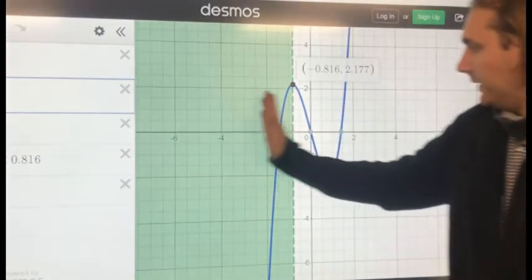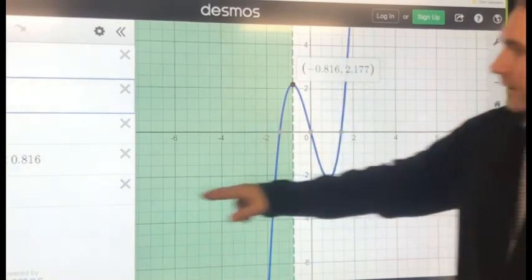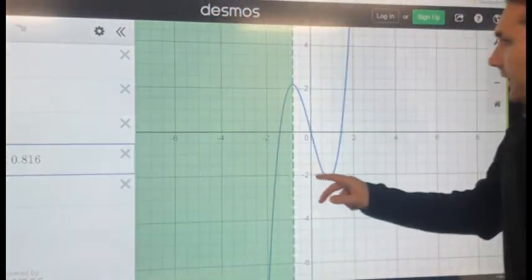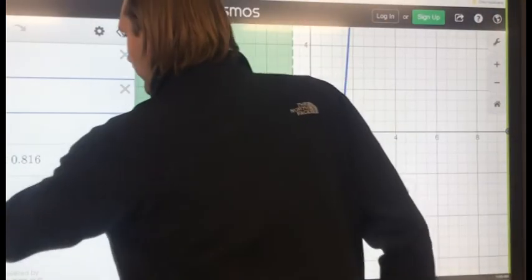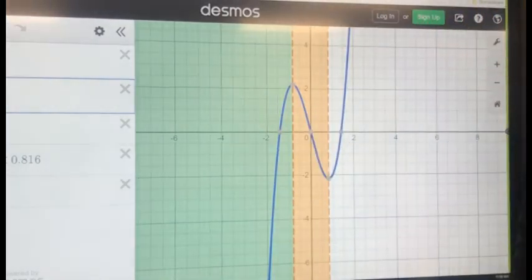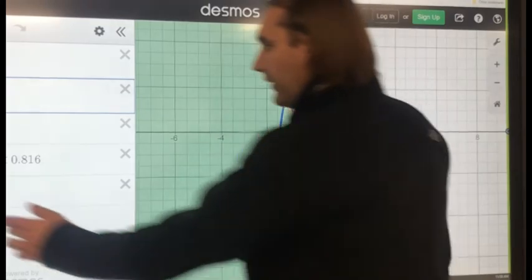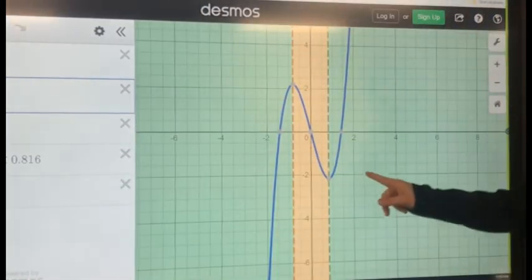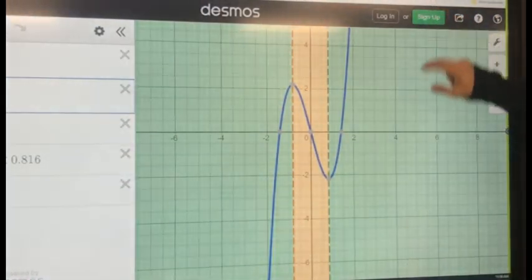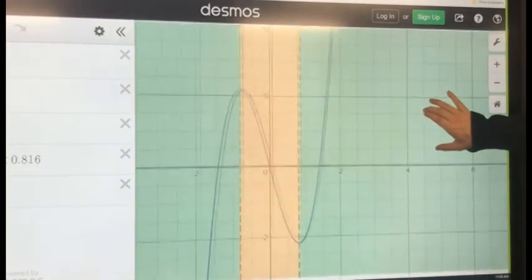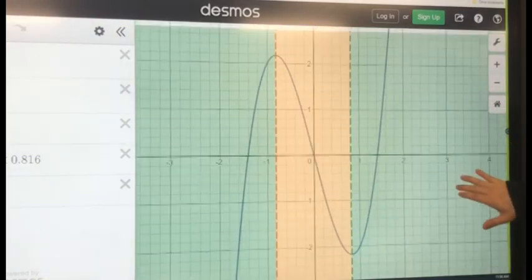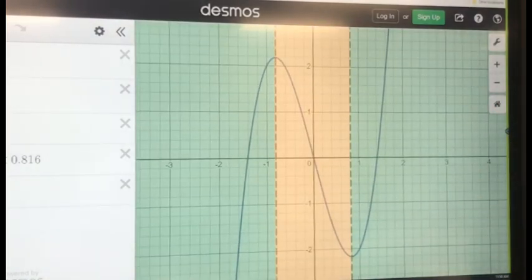So again, left to right, it is increasing. From that point to my other turning point, between here and the orange, what is it doing? Decreasing. And then from that point to positive infinity, what's going on? Increasing. So here's a visual way to see the intervals. Everything in the green is increasing, everything in the orange is decreasing.